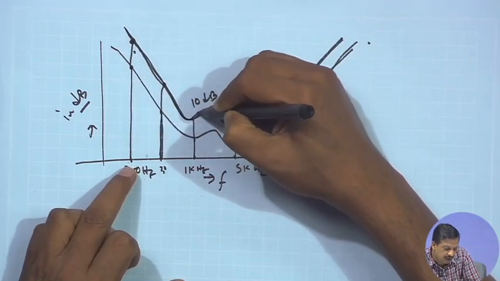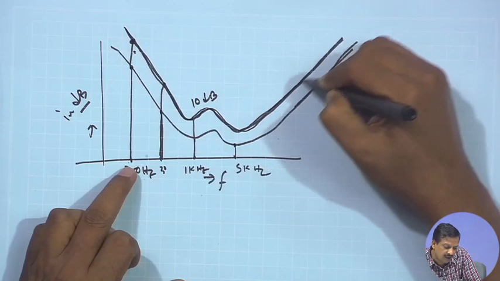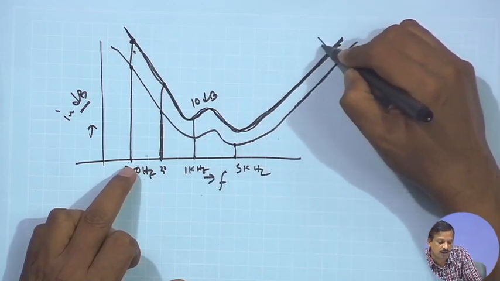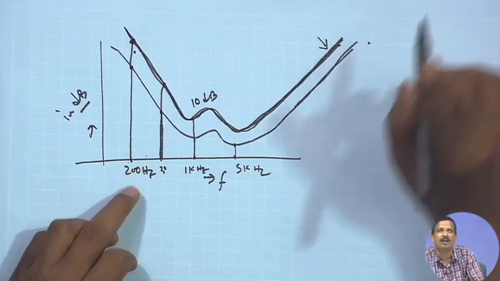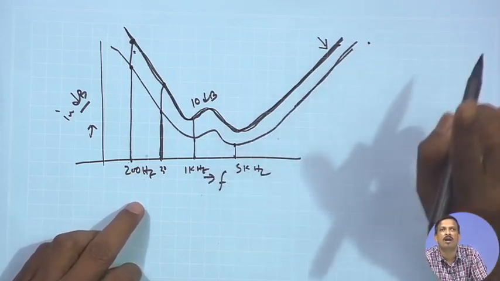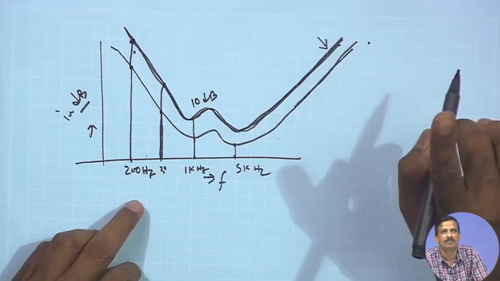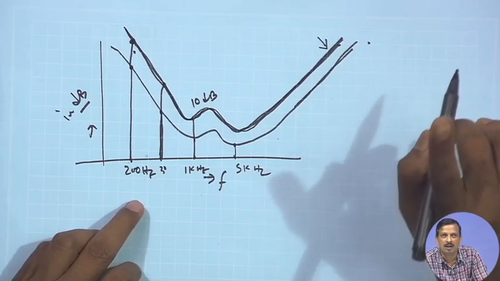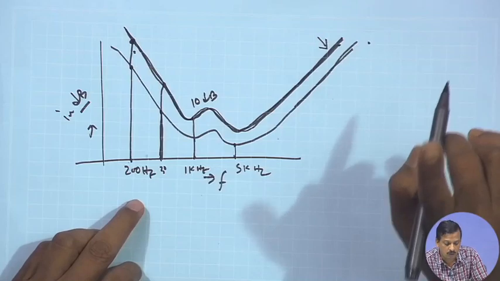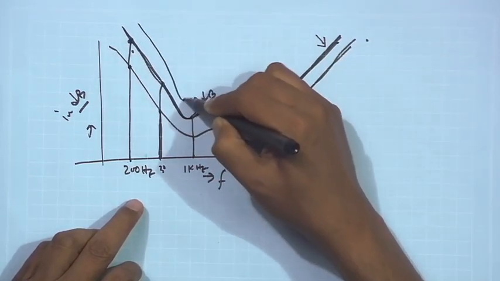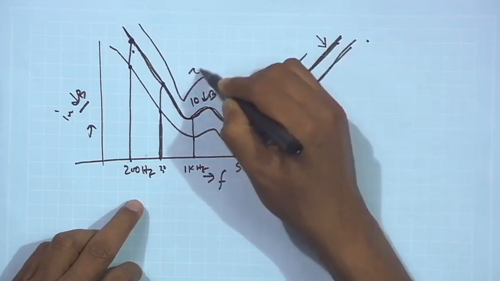So, if I go along this line, the loudness will be the same, that is why it is called the equal loudness curve or phon curve. Along the line loudness will be equal, let us say it is a 20 dB curve.